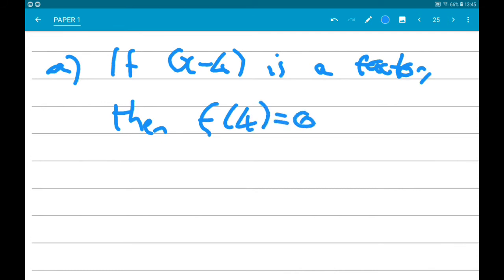Okay, so let's find f of 4. So that's 2 times 4 cubed, which is 128. Minus 13 times 16, which is 208.